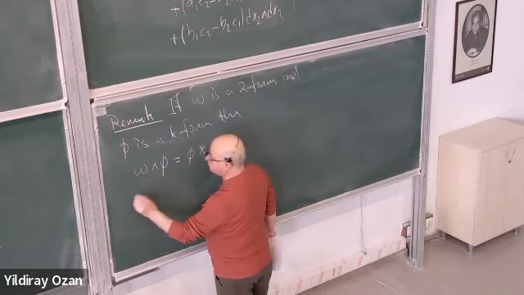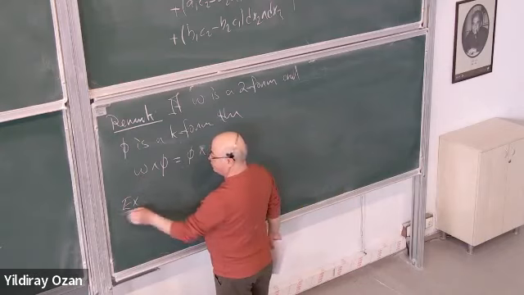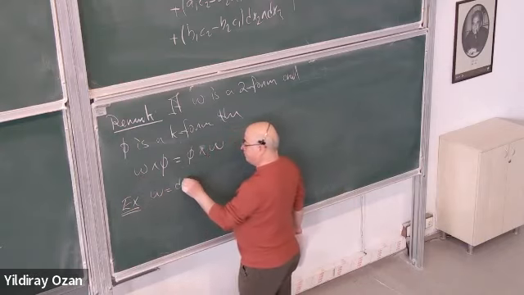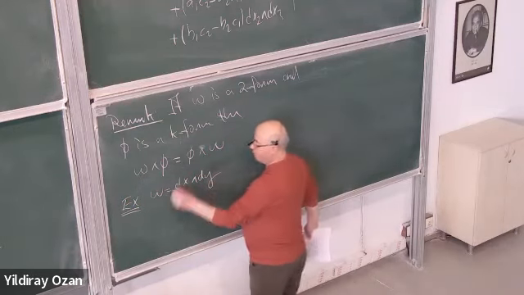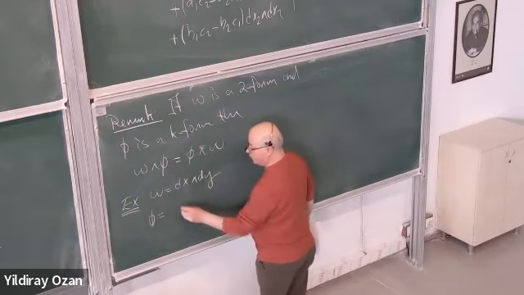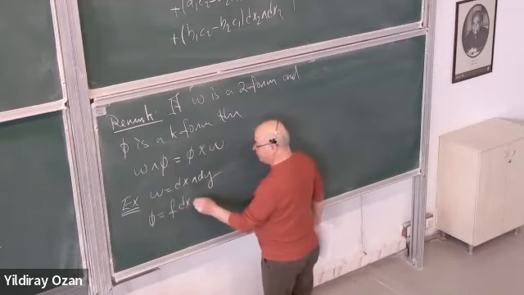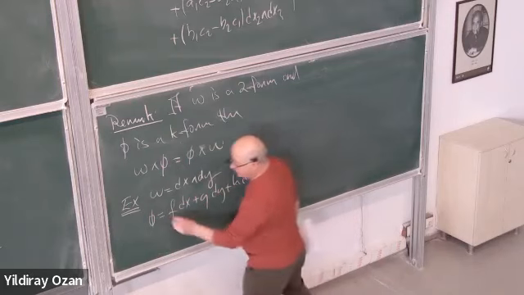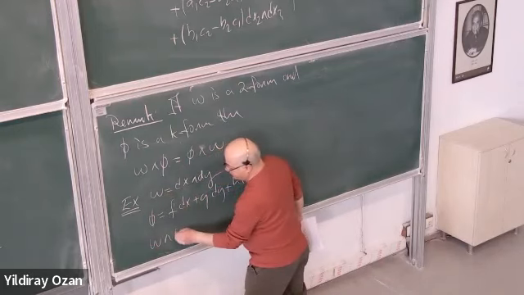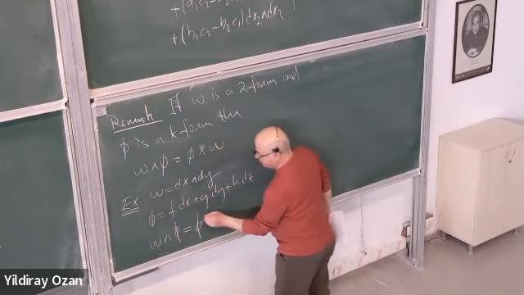And if you have this, and if this is a one form, let's say f dx plus g dy plus h dz, then this expression is the same as this one.